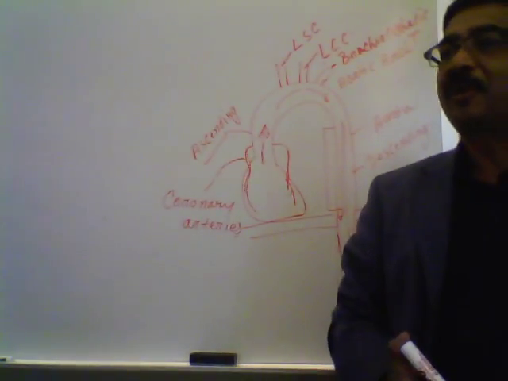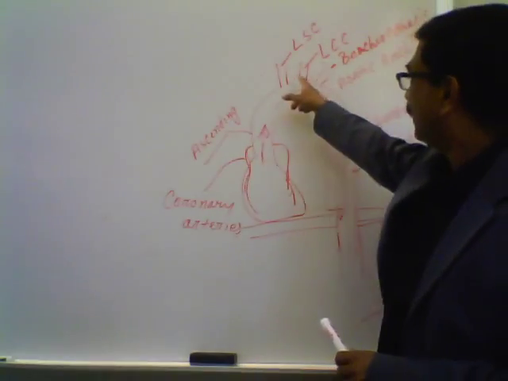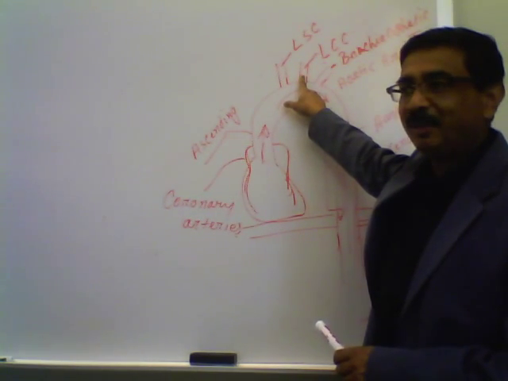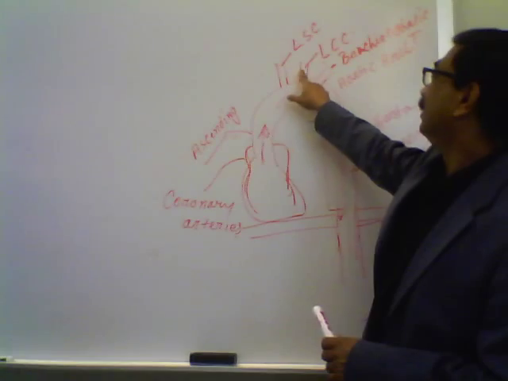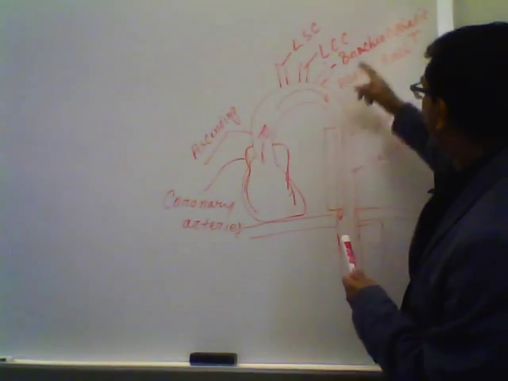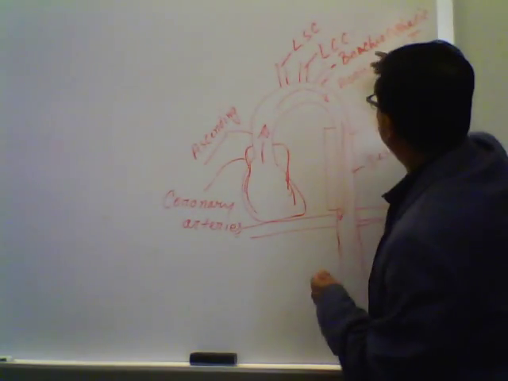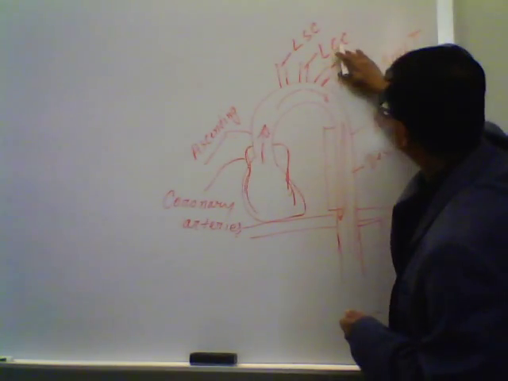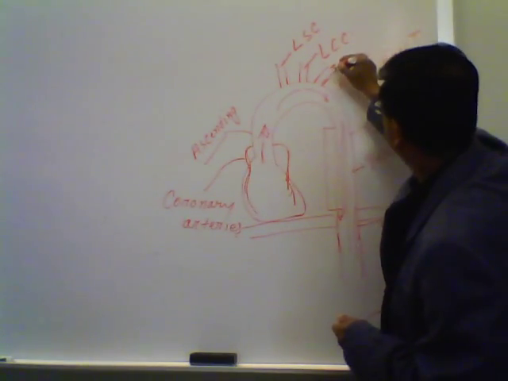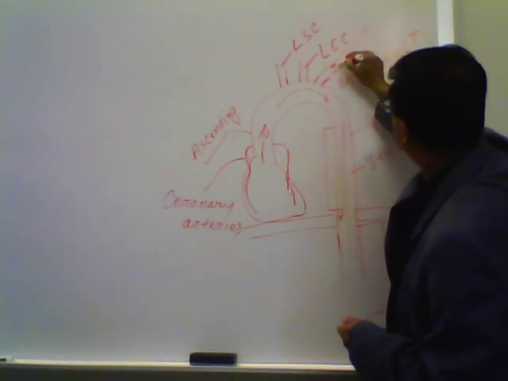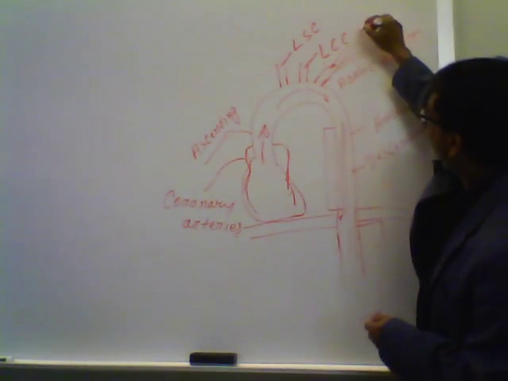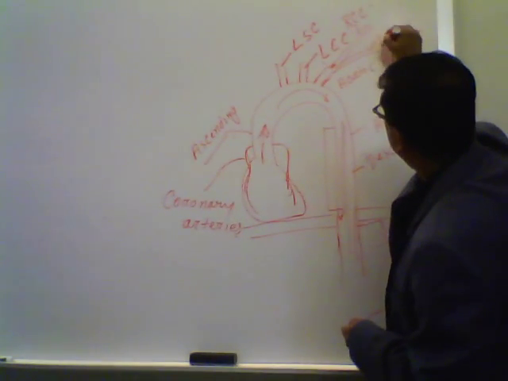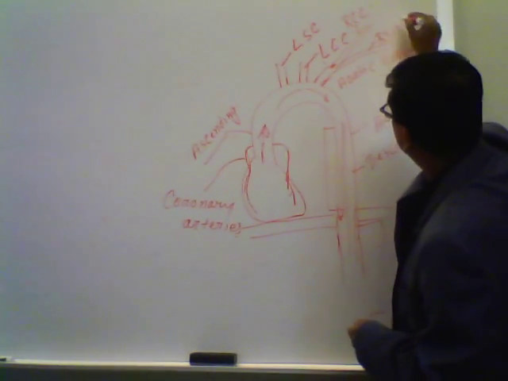So you have left common carotid and left subclavian here. There must be right common carotid, right subclavian, right? Where are they? They are the branches of brachiocephalic trunk. So what happens? Brachiocephalic trunk divides into two. This one is right common carotid and right subclavian.